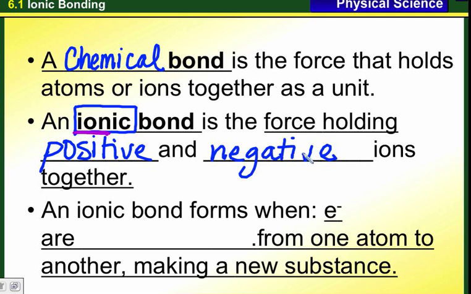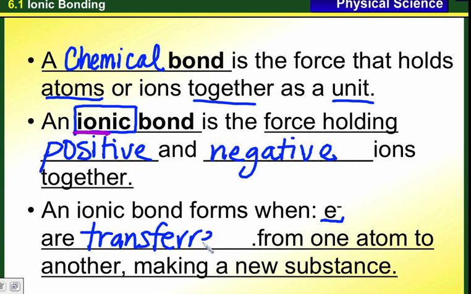When an ionic bond occurs, what we see is two or more atoms being held together as a unit. These two or more atoms are now linked together to create a brand new substance. Specifically, an ionic bond is going to form when electrons are lost and gained, and therefore transferred from one atom to another.